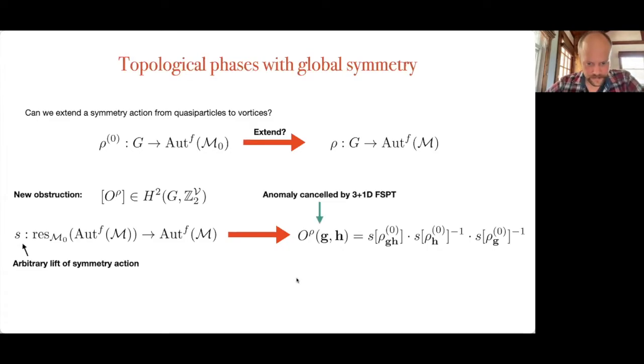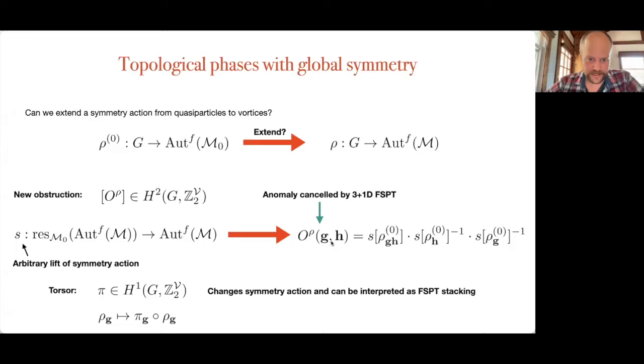All right. So that was a little bit technical. The physics behind this is if this obstruction doesn't vanish, so if it's a 2-cocycle but not a 2-coboundary, i.e. a non-trivial cohomology class in H2 of G valued in Z2V, then your theory has to live at the boundary of some higher dimensional fermion SPT.